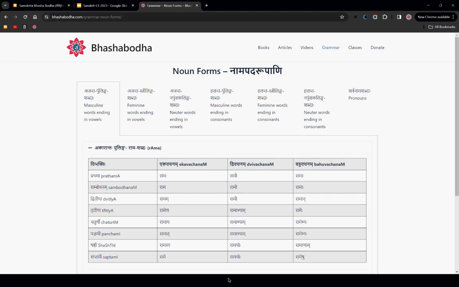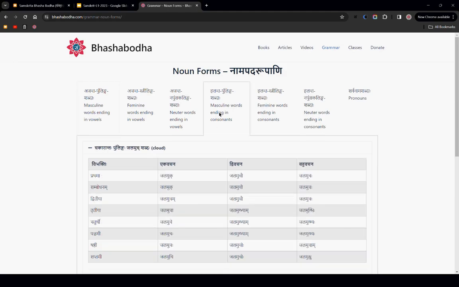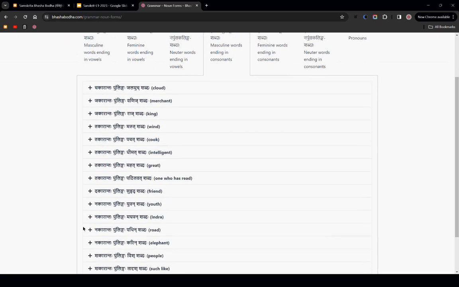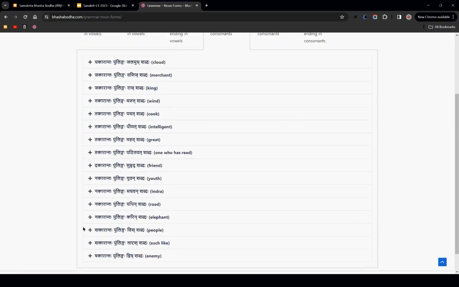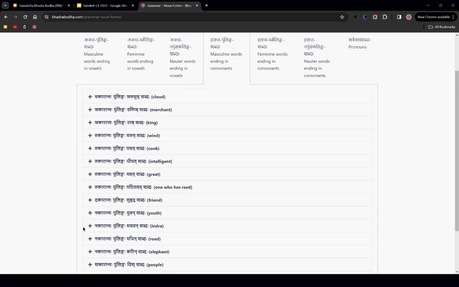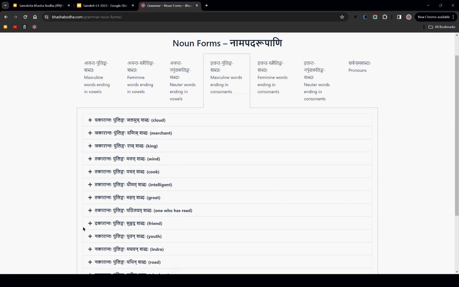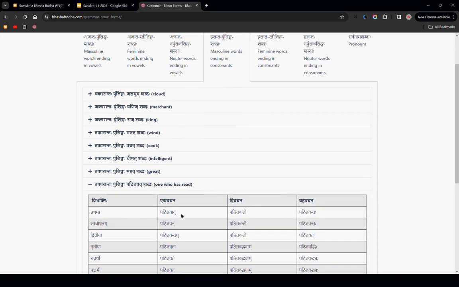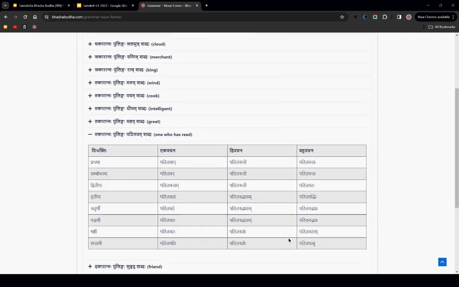The plural form of Bhavan is Bhavantaha. The base word is Bhavat. Is there a Bhavat shabda here? Yes. Something like this: Bhavan, Bhavantau, Bhavantaha. Similar form.